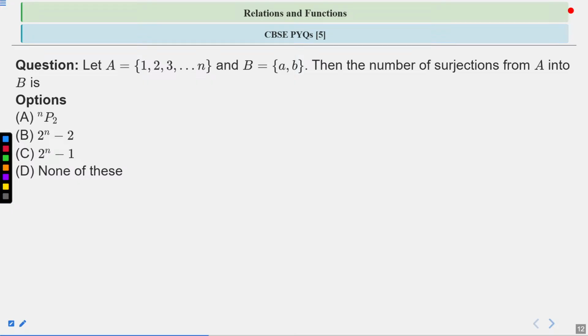So what is the condition of an onto function? The codomain should be equal to the range for the function to be onto.